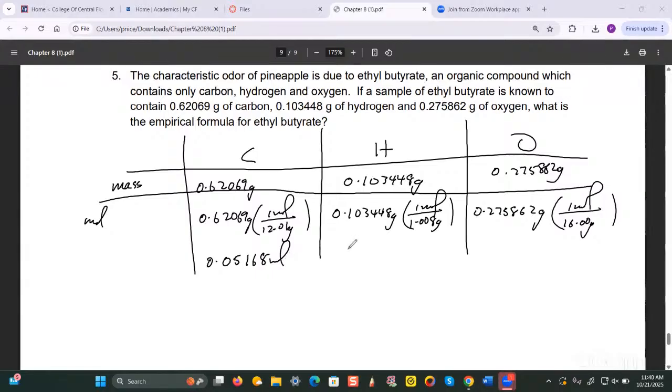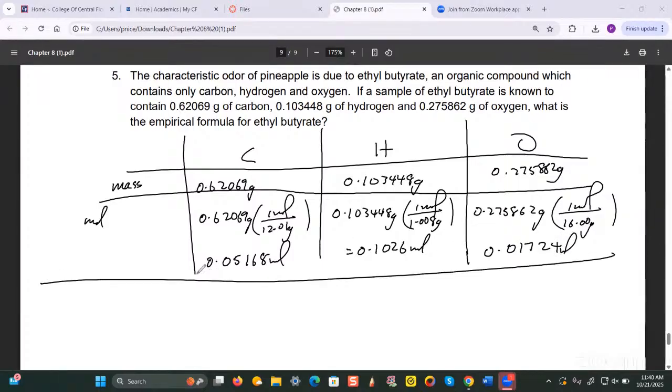And I got 0.1026 moles. And then in the case of oxygen, 0.275862 divided by 16.00. And according to my calculation, this gives you 0.01724 mole, all right? Then we divide right through by the lowest value, which is which one?